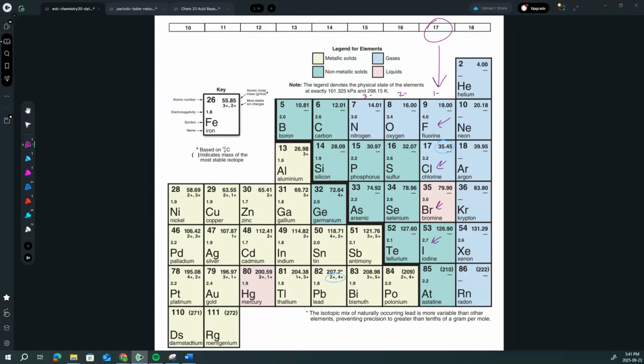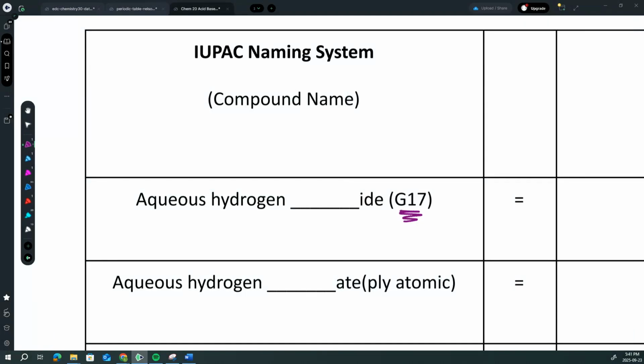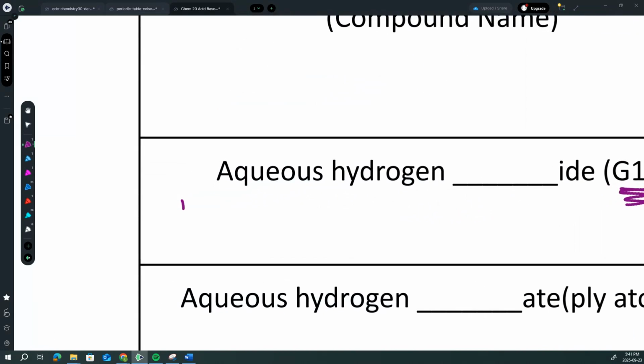Most of the time you don't see astatine used, but the first four there are used quite commonly. But for our first item here, we're looking at compounds that have hydrogen with only one other element coming from group 17. So for example here, let's talk about HCl.